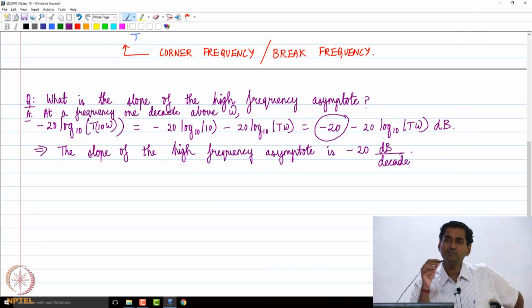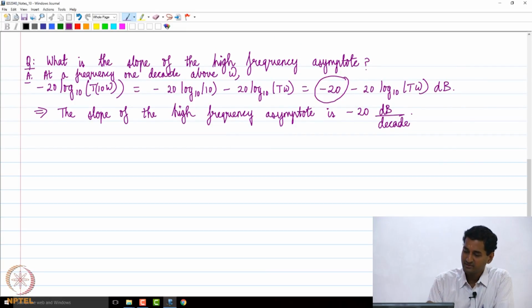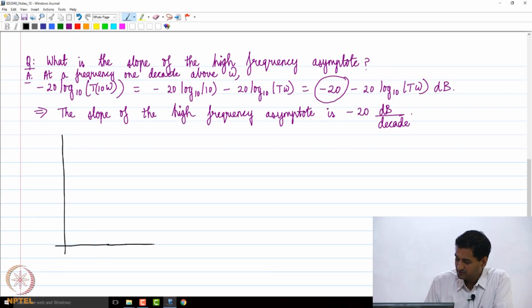So, that is what we have as the slope of the high frequency asymptote. Of course, what is the slope of the low frequency asymptote? 0. It is just a flat line in the magnitude plot. So, let us plot these two things. Let us draw the magnitude plot, and we will then come to the phase plot. First let me plot the magnitude plot.